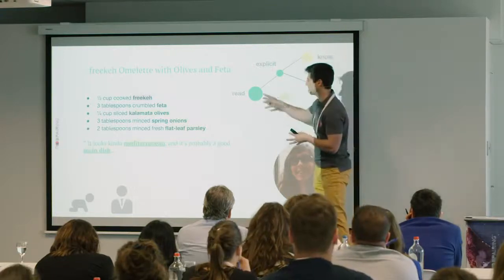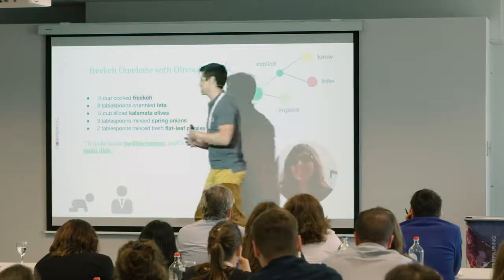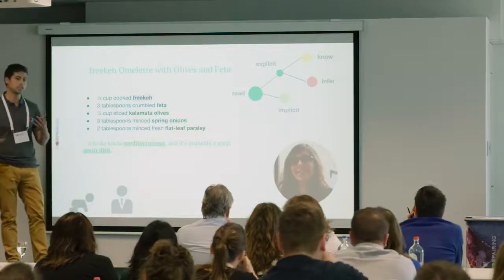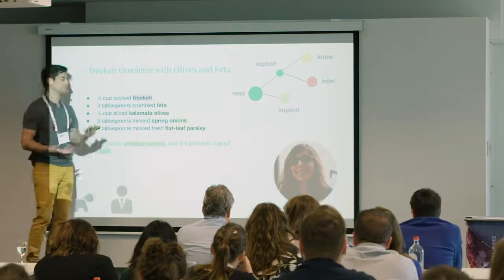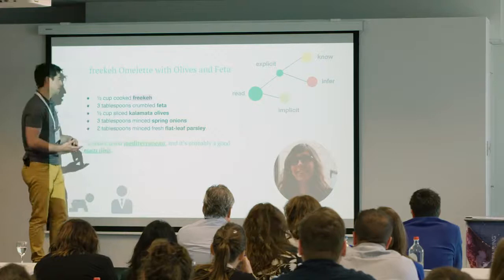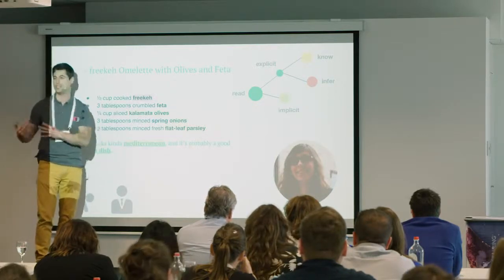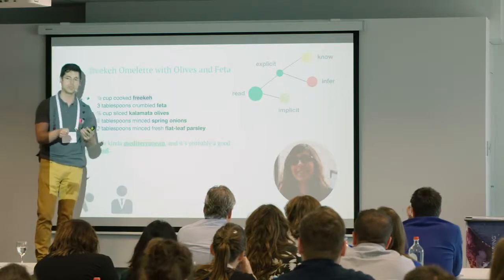What she does and how she does this is actually quite interesting. She reads the recipe, and she sees some explicit information and some implicit information. She explicitly sees that there's feta in there, Kalamata olives, spring onions. She recognizes those ingredients. She has seen them before, so she can point out to me that those are the ingredients.